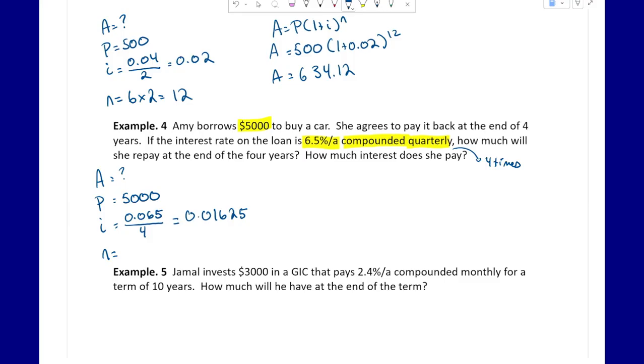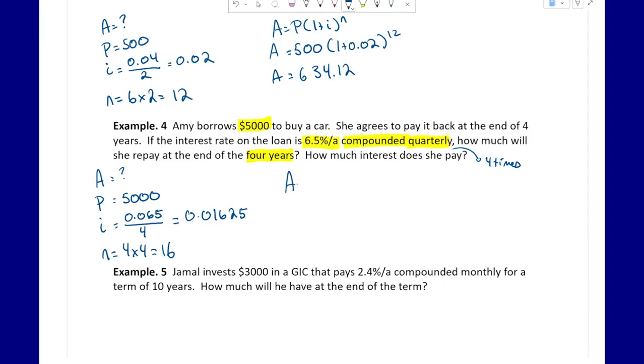I'll keep those decimal places. That's how much interest it is per quarter, and 4 of those would add up to the 6.5% per year. N, total number of years, well, it is 4 years, but because it is compounded quarterly, 4 years times 4 times a year, we are calculating interest 16 times over that 4 years.